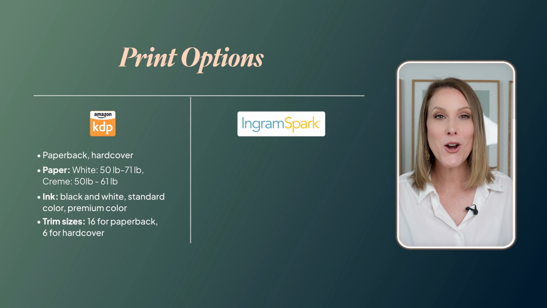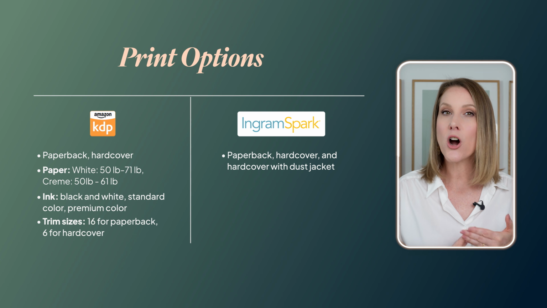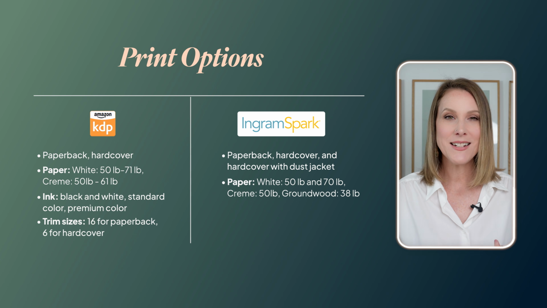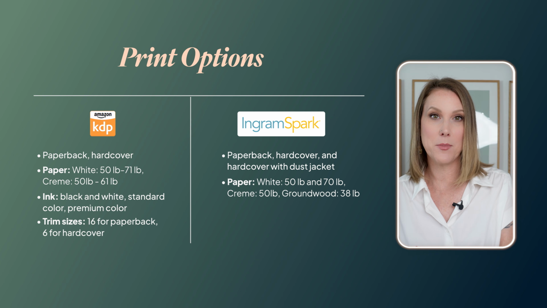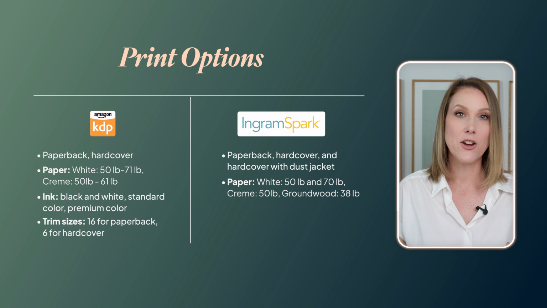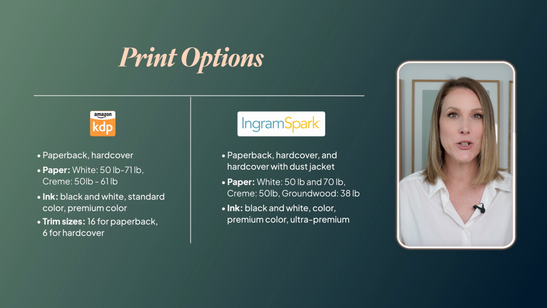Now for IngramSpark, you've got paperback, hardcover, but you've also got hardcover with dust jackets. So for paper, you've got white offered in 50 pound and 70 pound. Their cream is 50 pound, and their groundwood is their most economical option, that's 38 pound. For ink, you've got black and white, color, premium color, and ultra premium color.